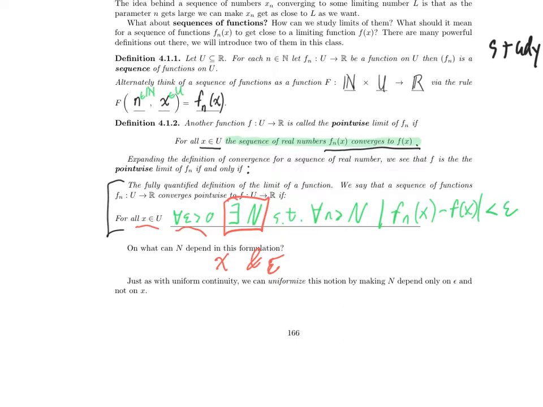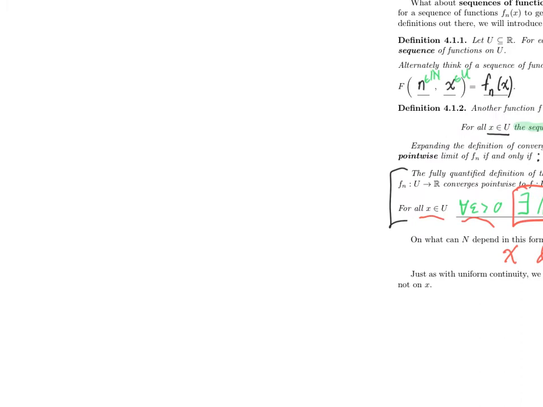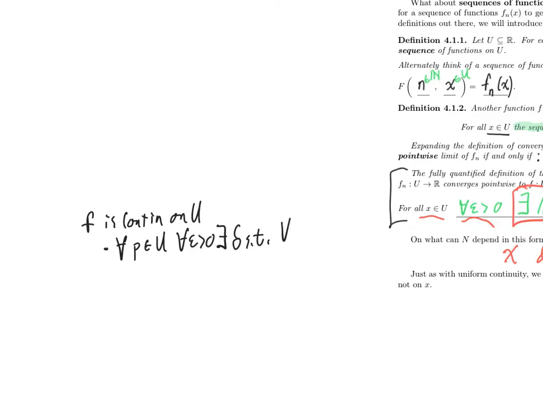In the definition of continuity, let's remind ourselves of that really quickly. f is continuous on U means for every p in U, for every epsilon bigger than 0, there exists a choice of delta such that for all x in U, if the absolute value of x minus p is less than delta, then the absolute value of f of x minus f of p is less than epsilon.